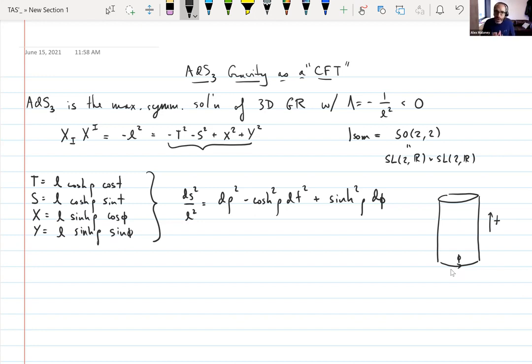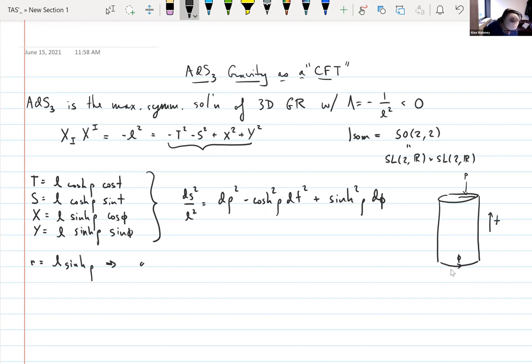So rho equals infinity is going to be the boundary of the cylinder. And as rho runs from 0 to infinity, you're sort of filling in the cylinder. So the rho coordinate would look something like that. It would fill in the cylinder. We can write this a little bit differently by defining a radial coordinate, which is going to be the radius of the circle.